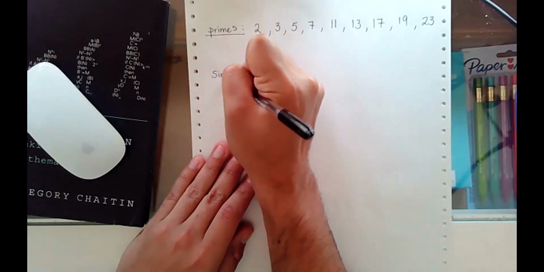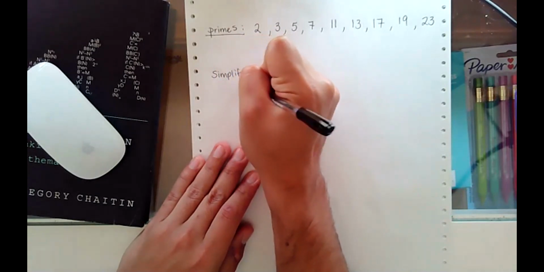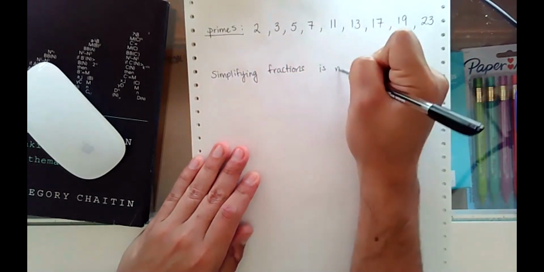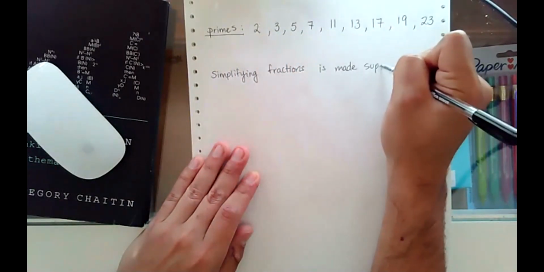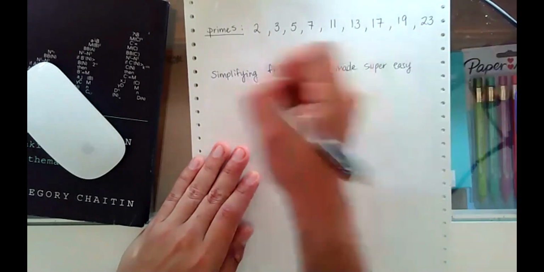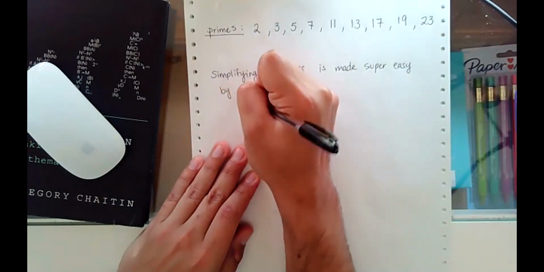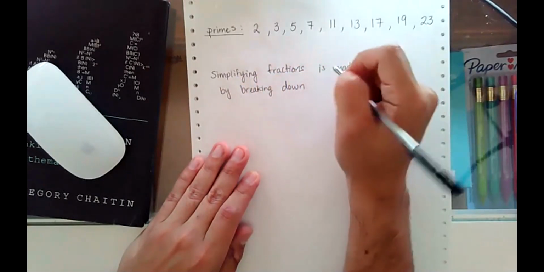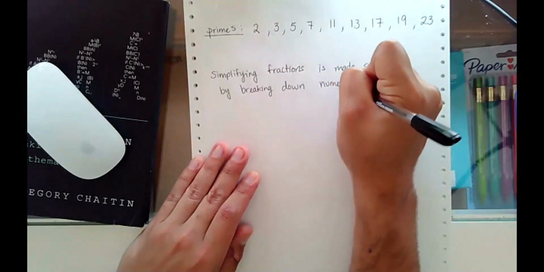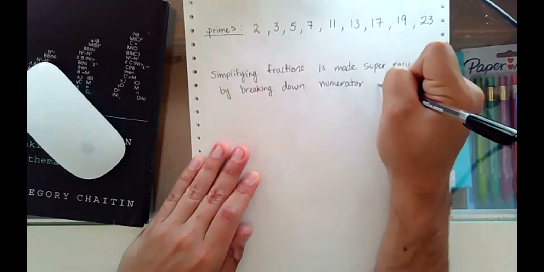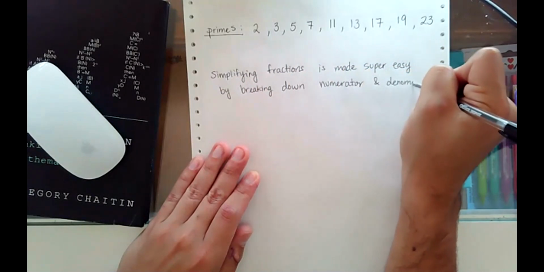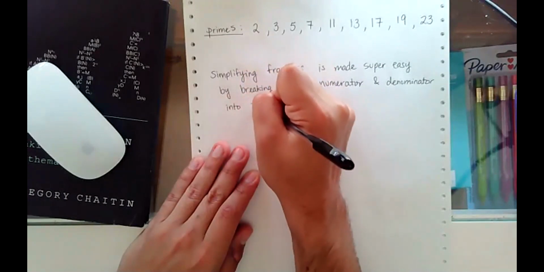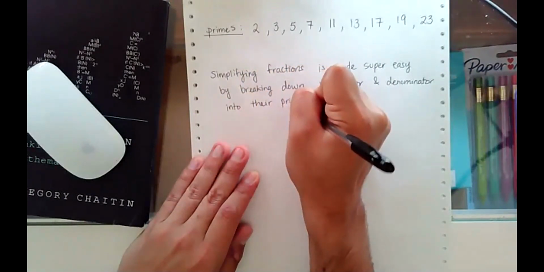So simplifying fractions is made super easy by breaking down the numerator and the denominator into their prime factors.